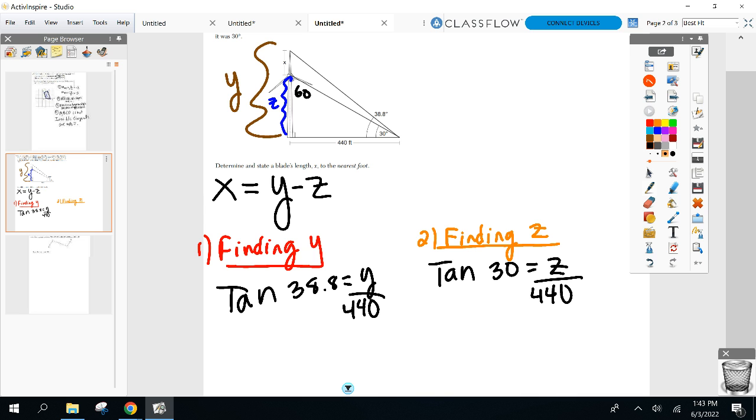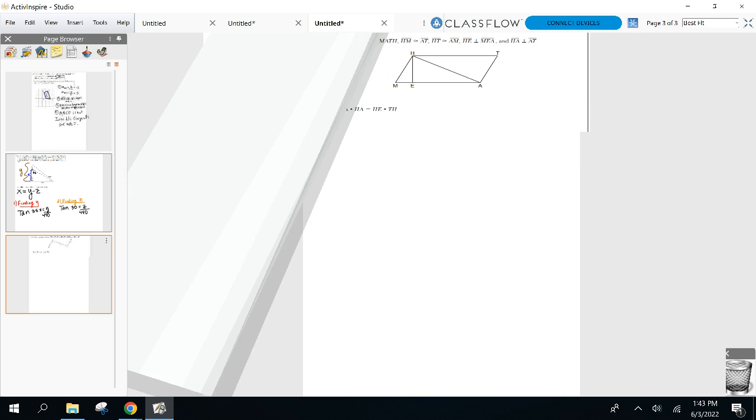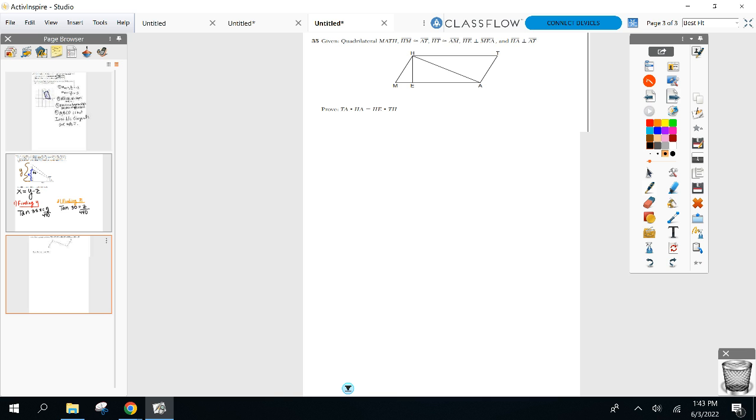All right, I'm going to end it today with number 35. We've gone over congruent triangle proofs.